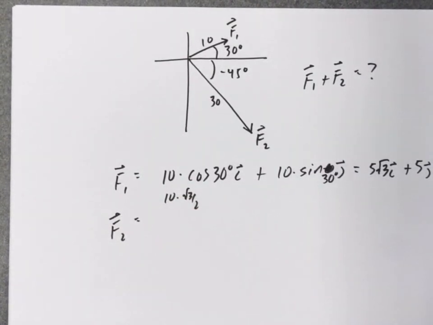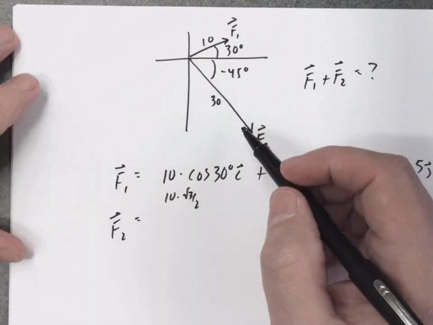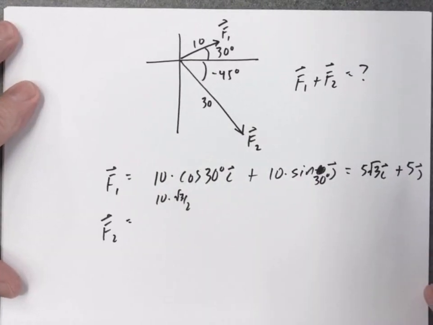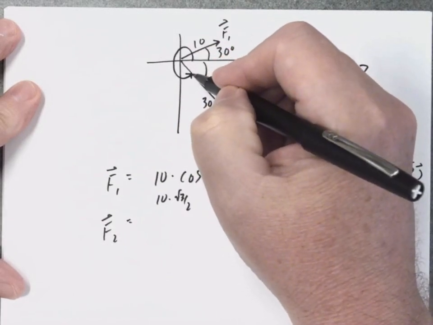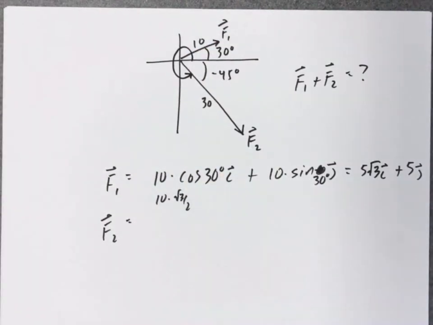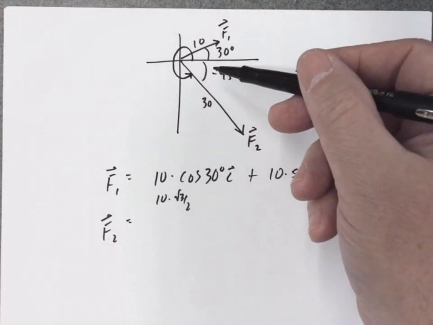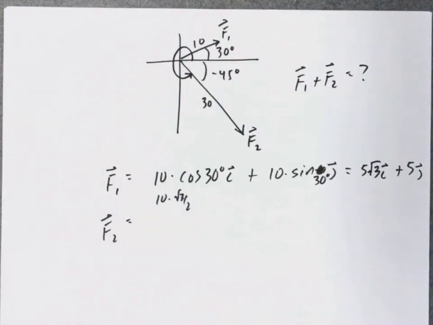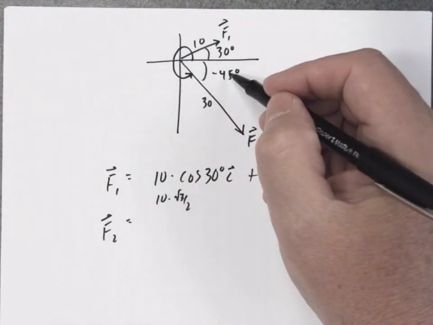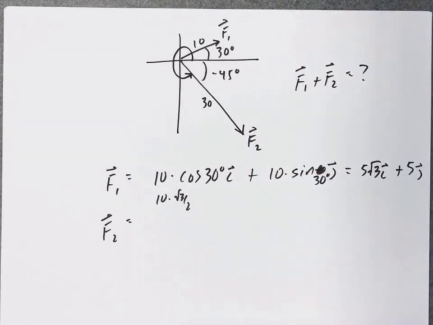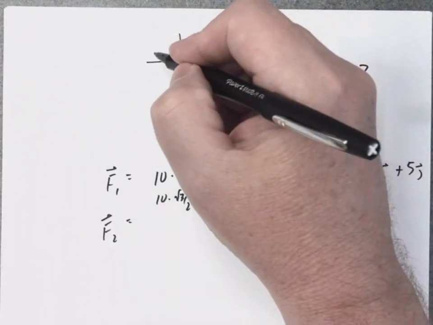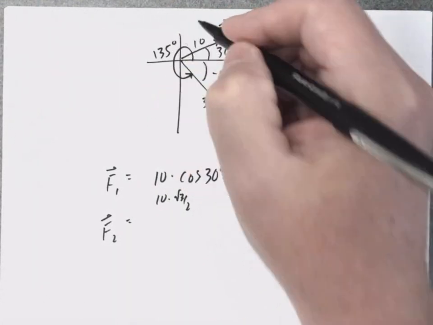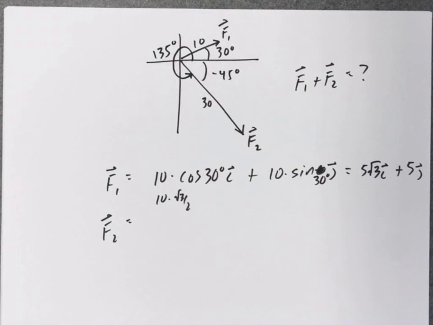Now F2 is tricky. I'm not going to use minus 45, because when we do problems like this, this is really the angle I'm going to use for this force, because we start at the positive x-axis and go counterclockwise. So if this is minus 45, subtract that from 180. This is actually a 135 degree angle.